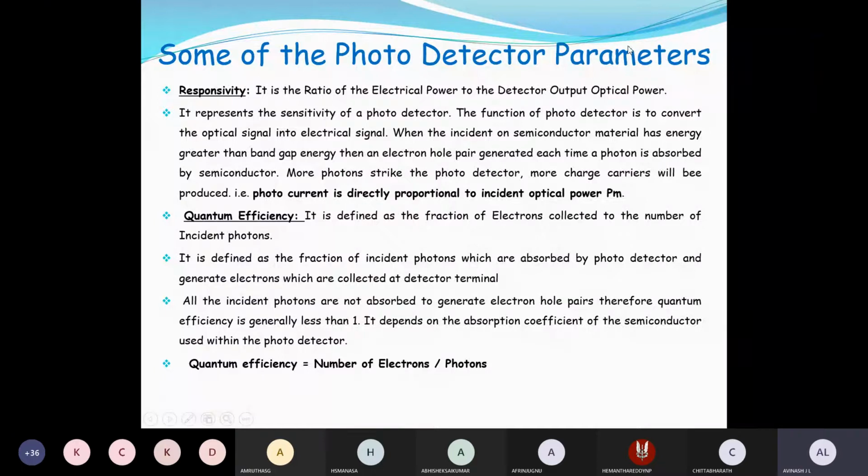So when the light incident on the semiconductor material has energy greater than the bandgap energy, then an electron is generated in the semiconductor. As I told you, once we incident the photon, it will be absorbed by the semiconductor.